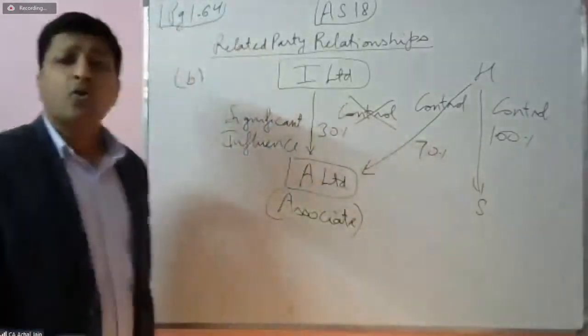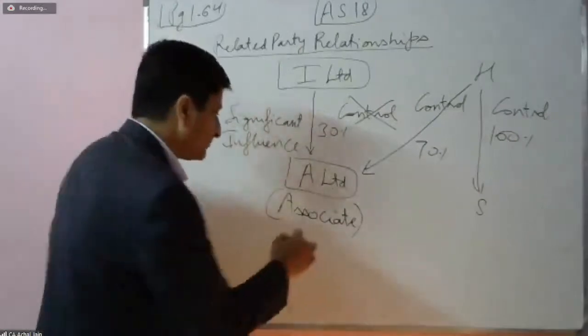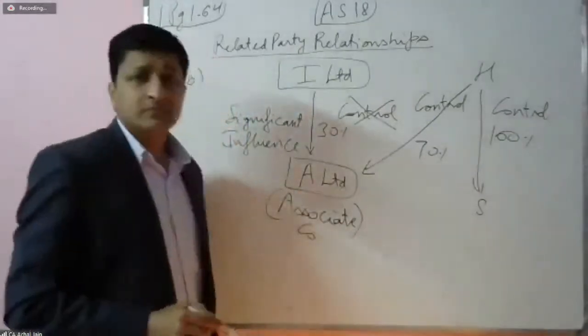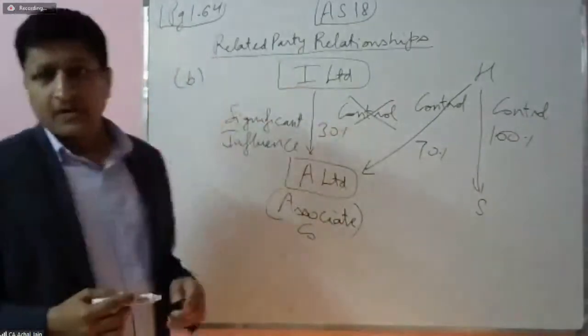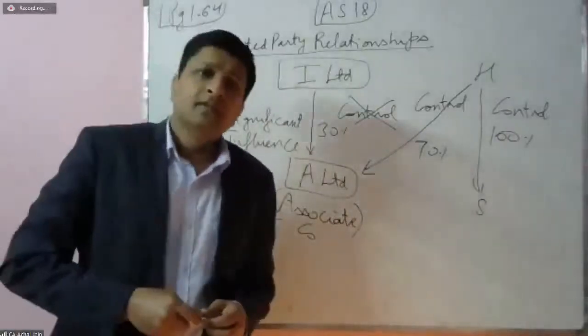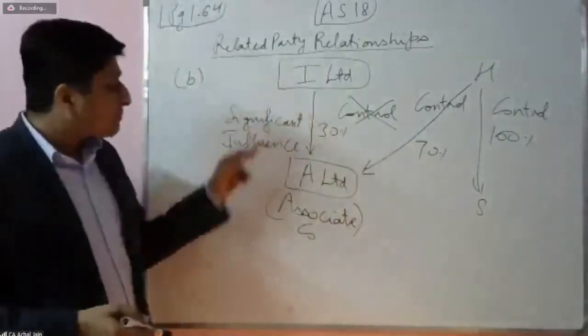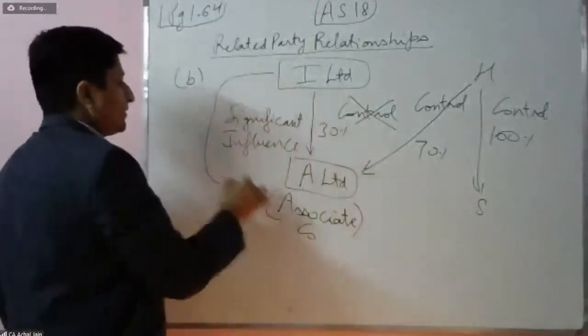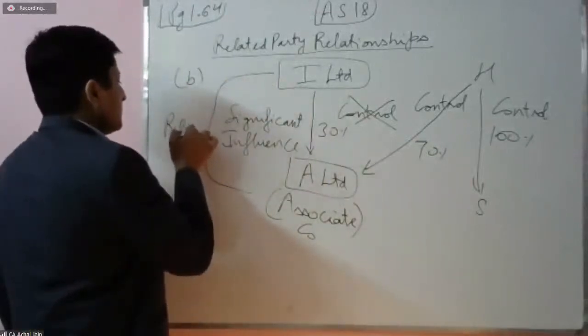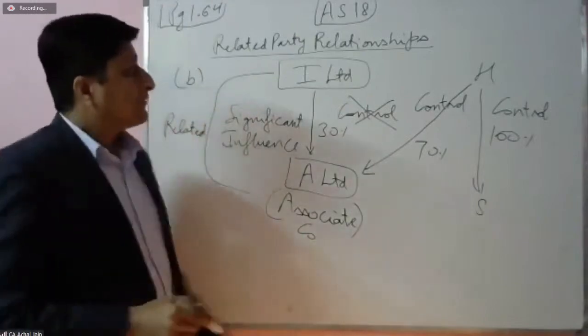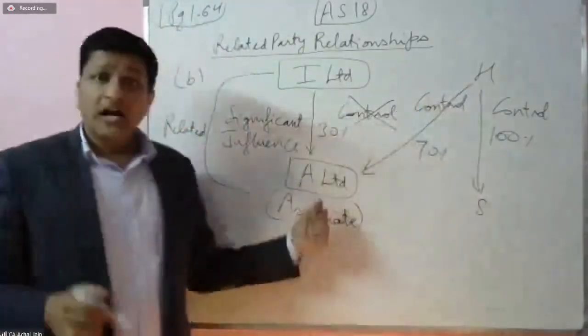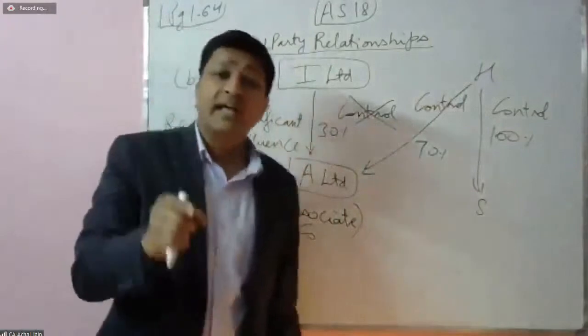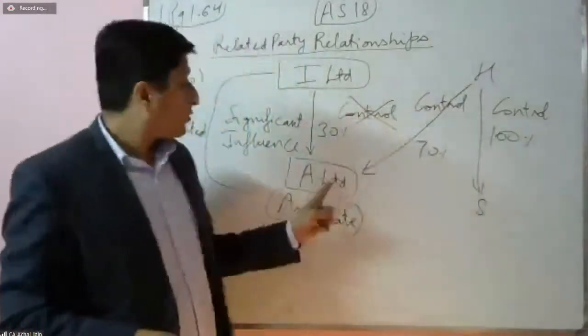Or you can say this is called as associate company. And this is the investor company. Clear? Investor company and associate are also related to each other. H and A are also related to each other. Why? Because H has got control over it.